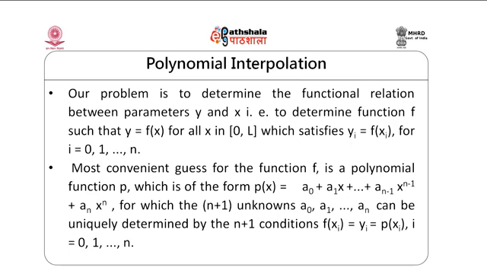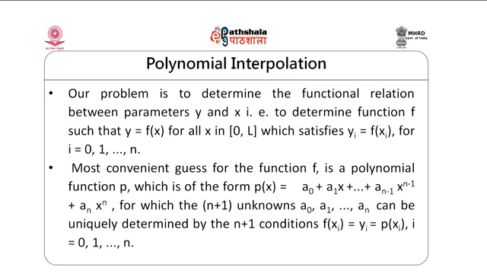That is, to determine a function f such that y equal to f(x) for all x in the interval 0 to L, where 0 is the first point of the shaft from where the measurements begin, and L is the last point on the shaft, which satisfies yi equal to f(xi) for i equal to 0, 1, 2, 3 up to n. So, this is our objective: to determine the functional relationship between x and y in terms of f(x).